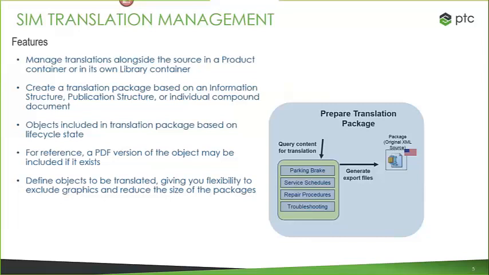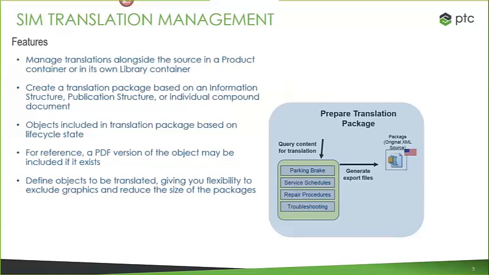There is also support for translating portions of an information structure or publication structure, so you can create a package at the information group level or at the publication section level. The objects that will be included in the translation package are based on their life cycle state.